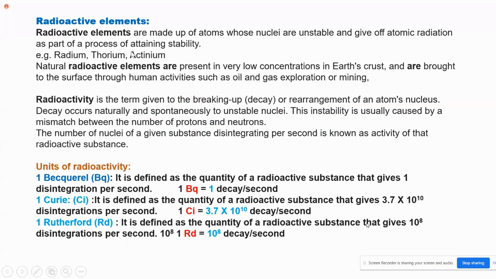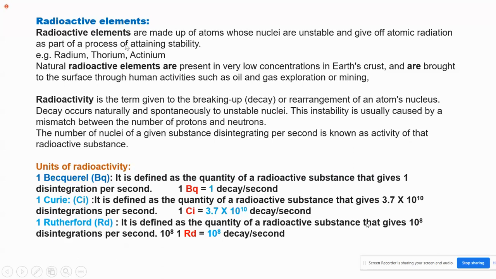During that emission, those neutrons get converted into protons, and the number of protons will increase and the number of neutrons will reduce. So in a way, they try to get the balance.